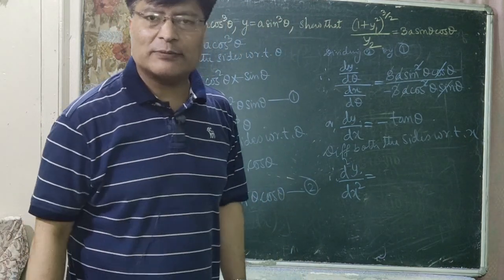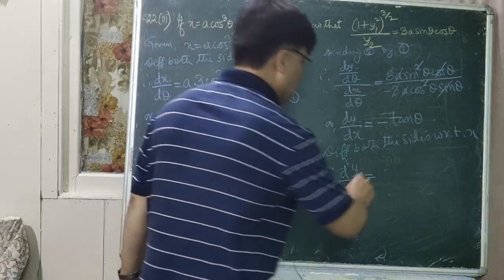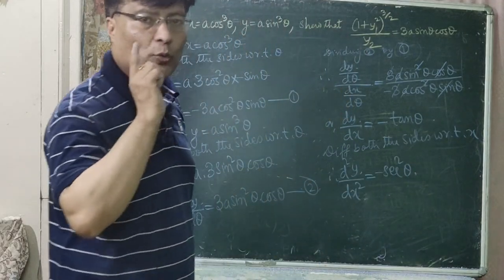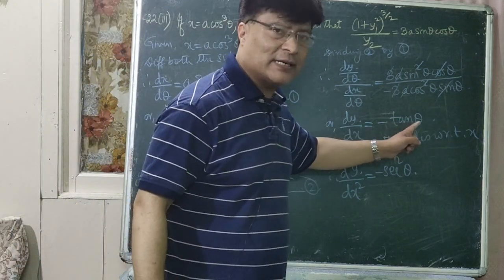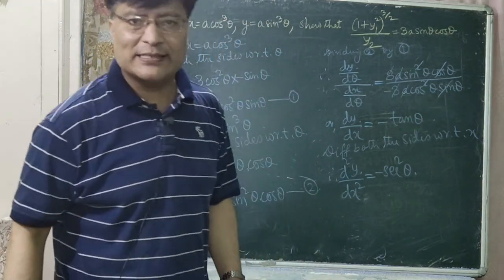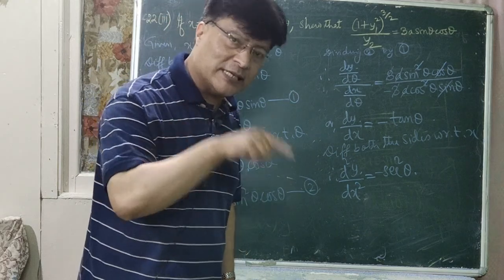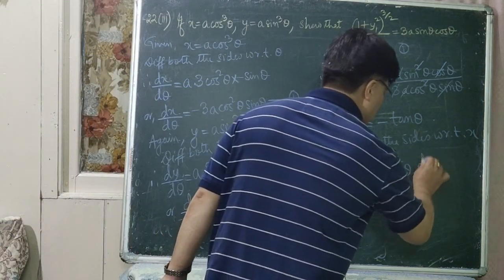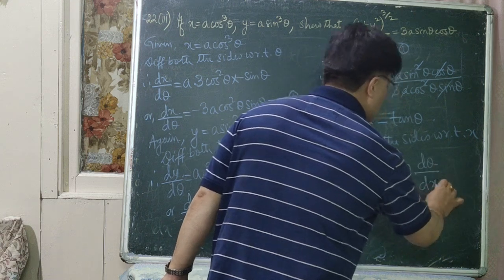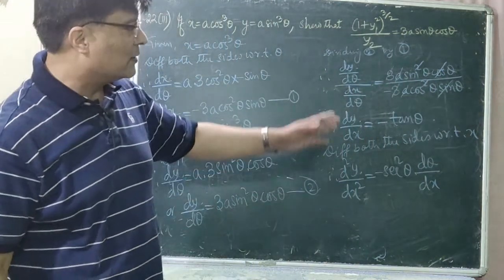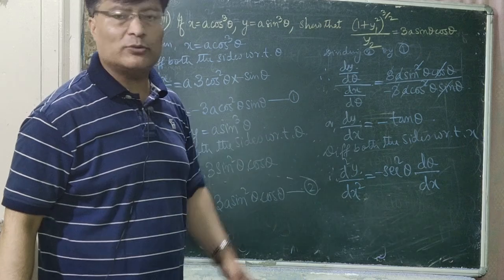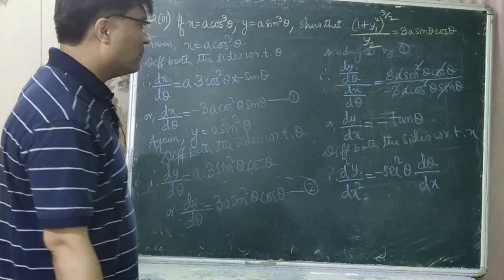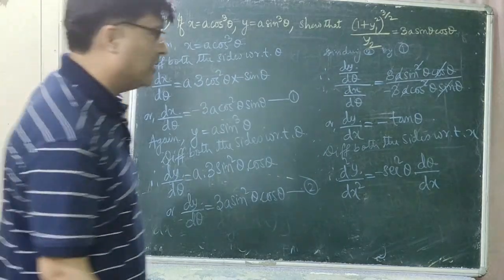What is the differentiation of tan x? It is sec square x, but here it will be sec square theta. So which function was taken as x? Theta was taken as x, and you have to differentiate this theta again with respect to x. So it is d theta by dx. So don't forget to differentiate this theta with respect to x. So I think you have understood it. Now you have to put the value for d theta by dx again.